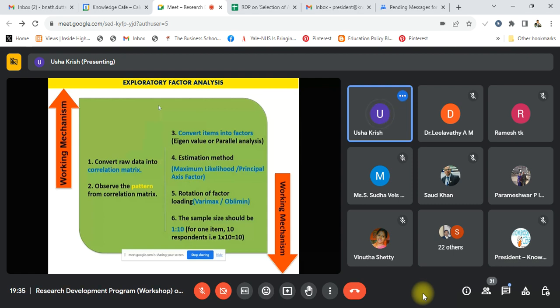Then use Varimax or Oblimin to do factor loading rotation. Now the question is when to use Varimax or when to use Oblimin.